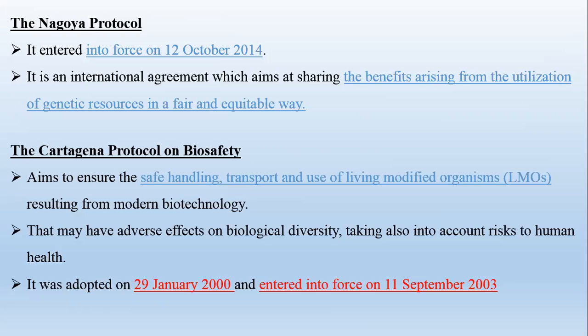They may have adverse effects on biological diversity, also taking into account risk to human health. Sometimes genetically engineered organisms may be harmful to nature or human beings also. That is also one of the important aspects of the Cartagena Protocol, which was adopted on 29th of January 2000 and entered into force on 11th September 2003. So these are the two important protocols under the CBD.